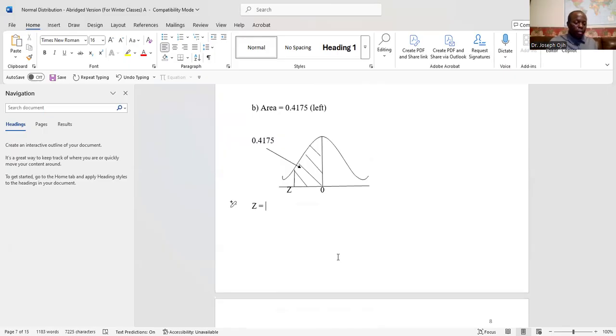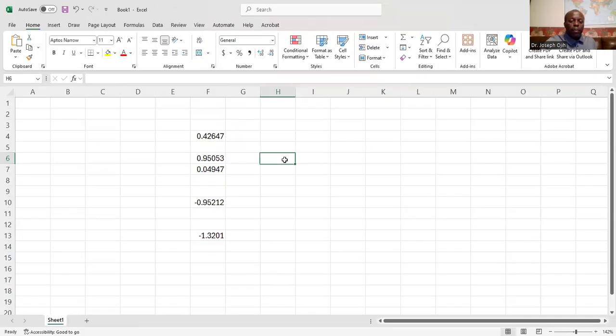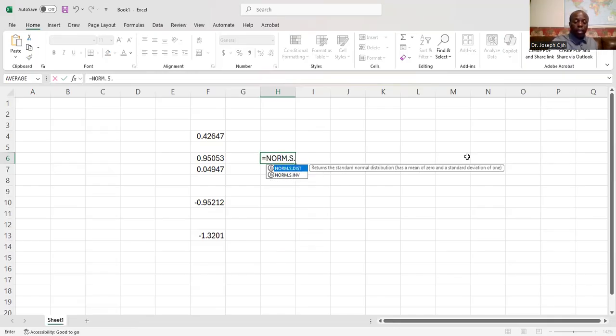0.4175. So we just go to Excel and type equals norm.s.inverse and type the area on the left side. Area given was 0.4175. Close parenthesis, press the enter key.